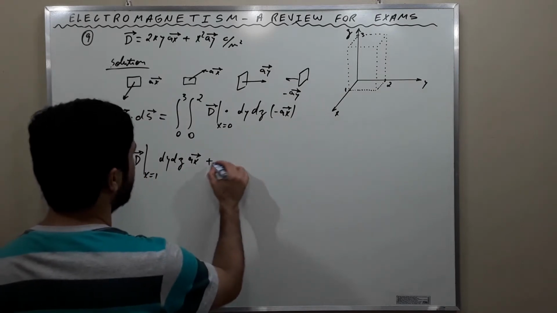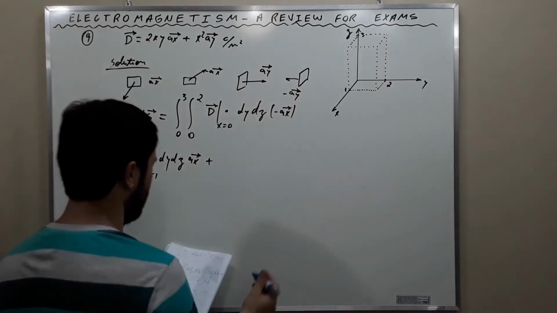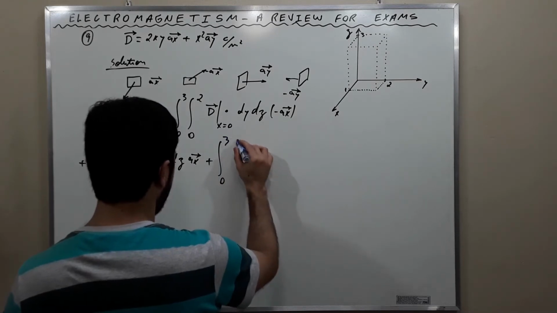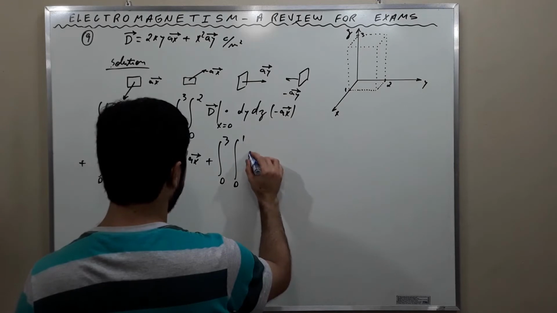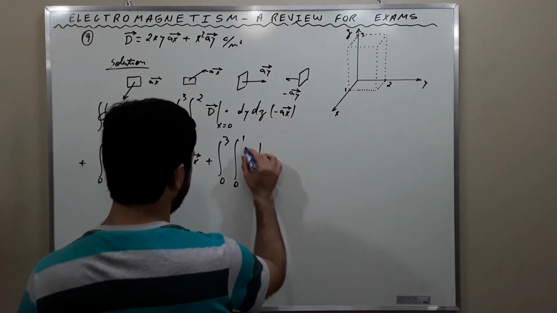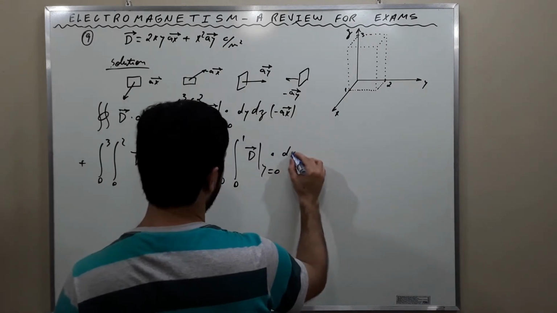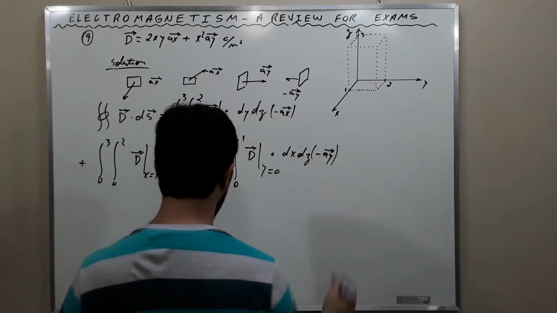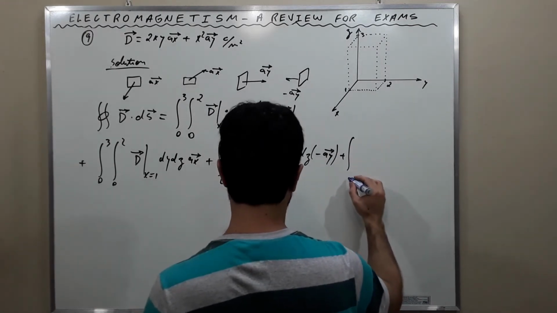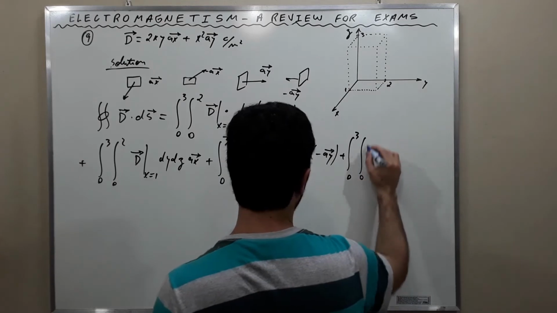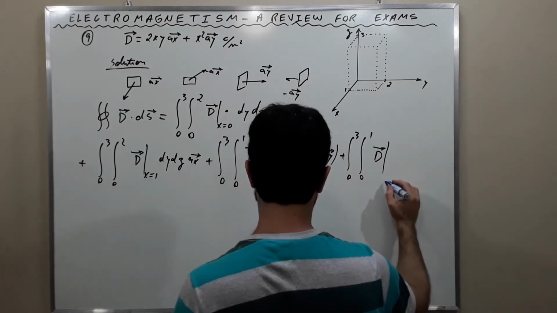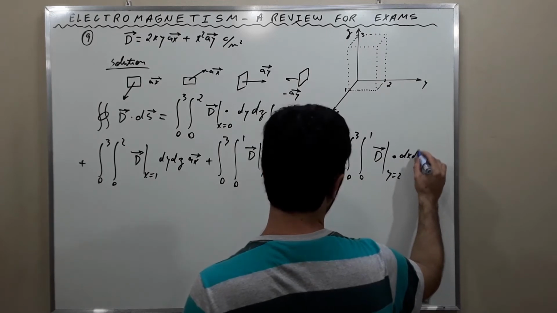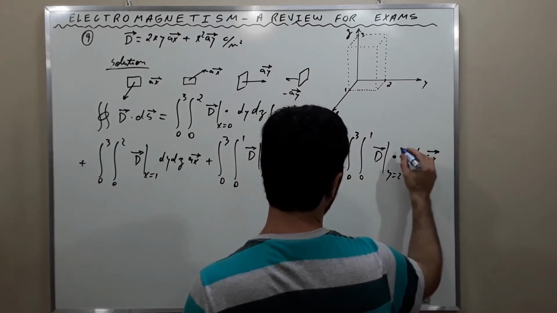And here we are going to integrate along the sides as these surfaces are showing, integrating from 0 to 3 and from 0 to 1 for y equal to 0 first, dx dz in the negative y direction, plus the integral from 0 to 3, the integral from 0 to 1 of the flux density for y equal to 2, dx dz in the ay direction.